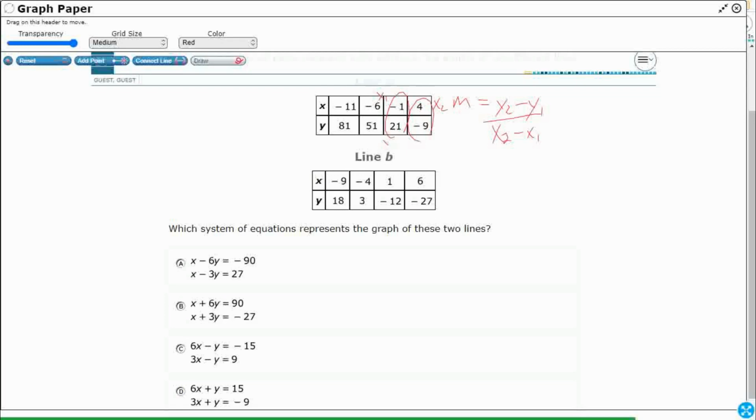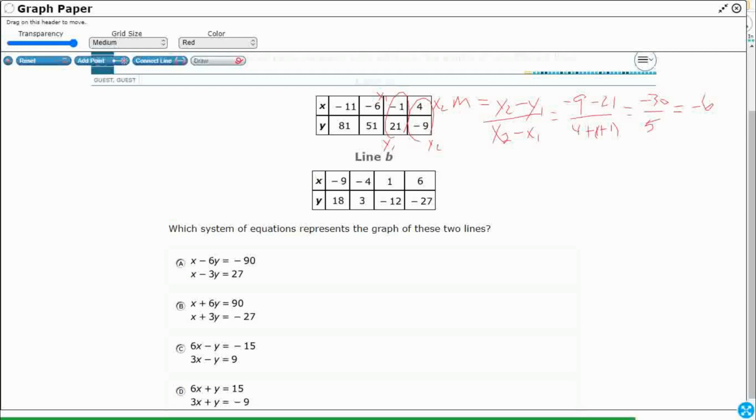We do need to label them because if you get these mixed up, everything gets all wonky. So I've got negative 9 as my y2 minus 21. And then I've got 4 minus negative 1. Okay? So that's going to end up being negative 30 over 4 minus negative 1 makes 4 plus 1, 5, so that's negative 6, okay?